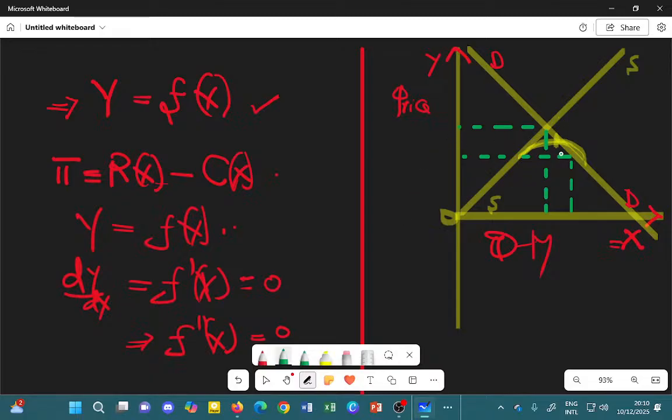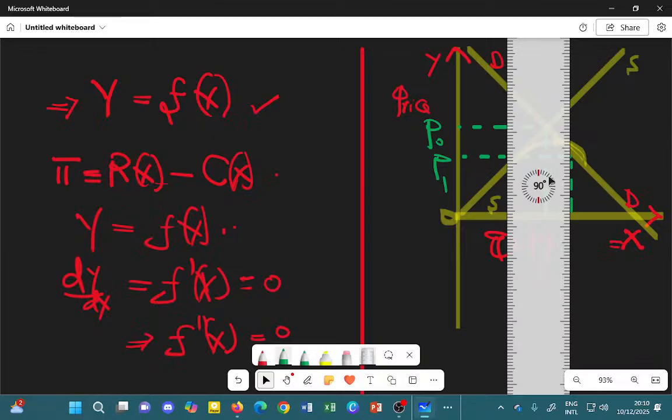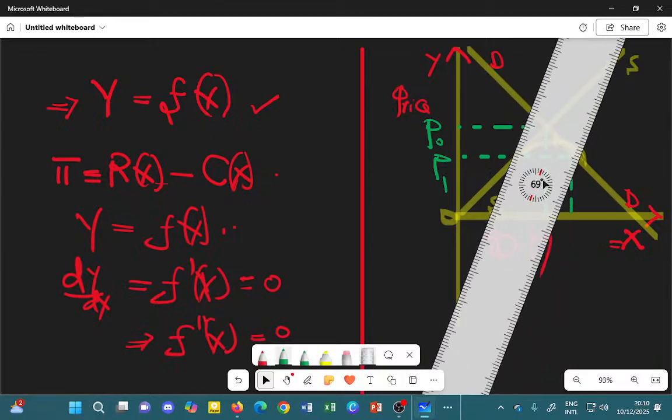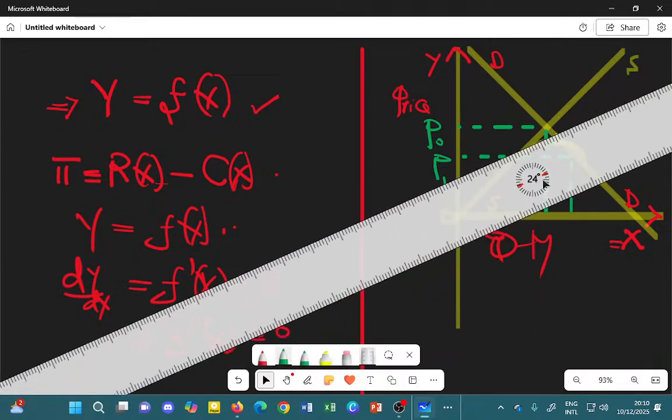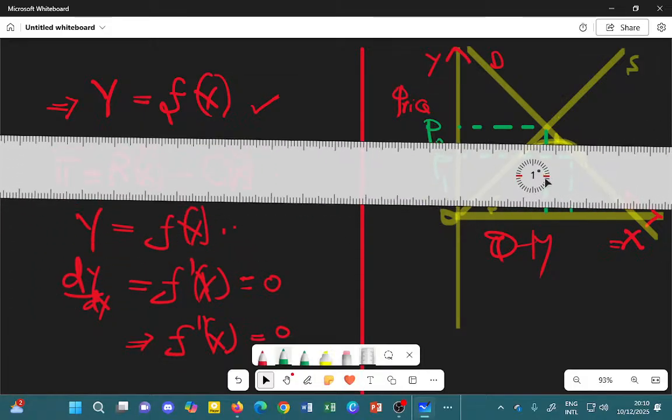I should name this P naught, because now it's the equilibrium. This is now the equilibrium price, so it's P naught. I would call this P1. Then perhaps I'll need another one up. Let me just bring it, because I know later in my explanation, in other areas, I will need it, not necessarily for this particular question. So this is what it is.